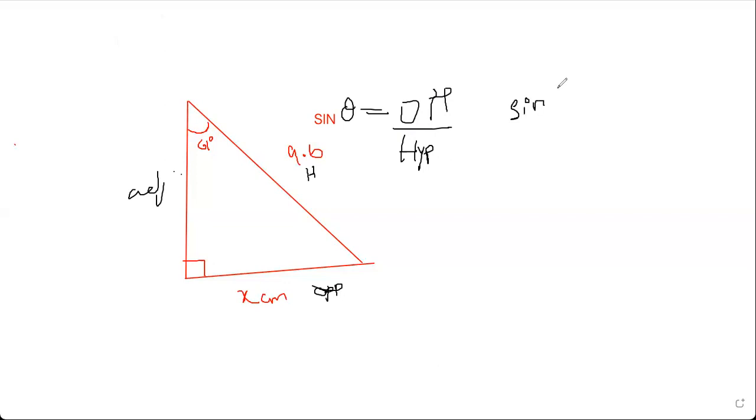So sine theta, sine 61, because theta is given, which is 61. So sine 61 is equal to opposite, which is not given, x, divided by hypotenuse, which is given, 9.6. So what you have to do, sine 61 multiplied by 9.6 is equal to x.